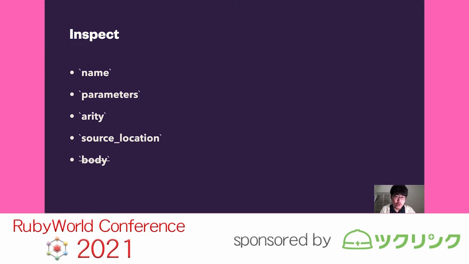You can know a lot about methods, since a method object is just an object. It responds to various information, like name. You can know the name, and parameters, which show what the arguments are, and arity also shows the number of arguments. The source location is very convenient for debugging.